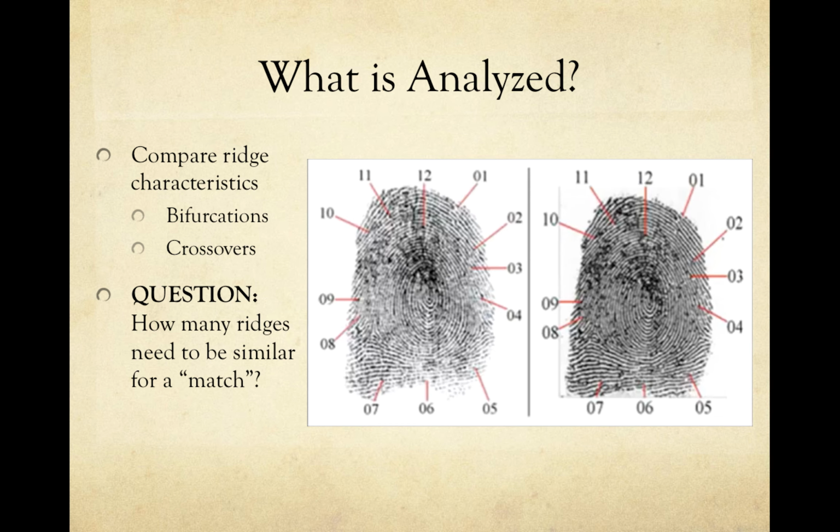So if 90% of people have this exact marking, this type of ridge characteristic, then that makes it a lot less interesting than, say, if we know that only 5% have this exact ridge characteristic. So while fingerprint evidence is fairly well documented, there still can definitely be mistakes made and room for error there.